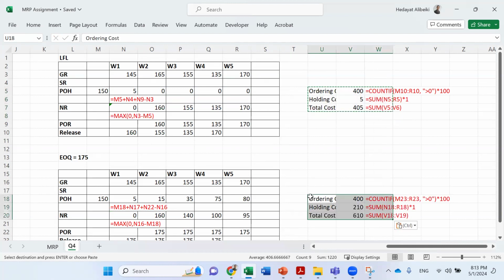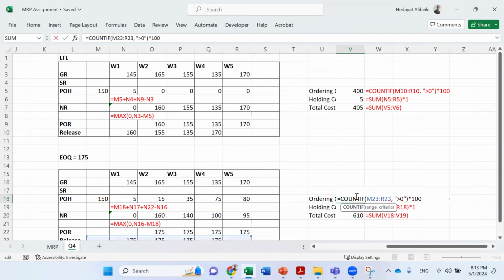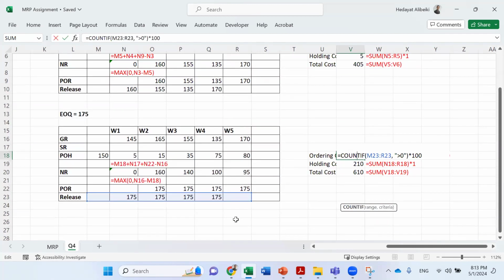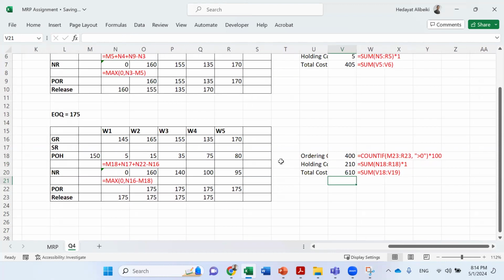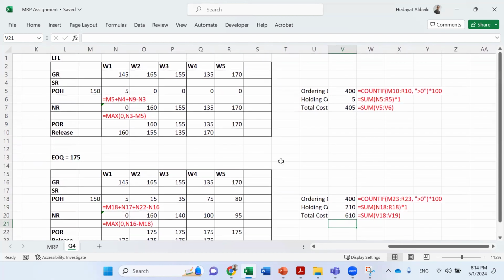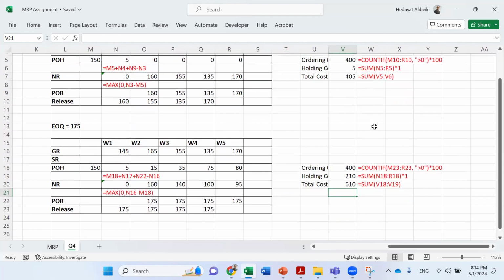Okay. And if I just do this for EOQ, I'm gonna get the cost estimate for EOQ. And in fact, it's 610 because EOQ didn't help me in minimizing the ordering cost or making it smaller.